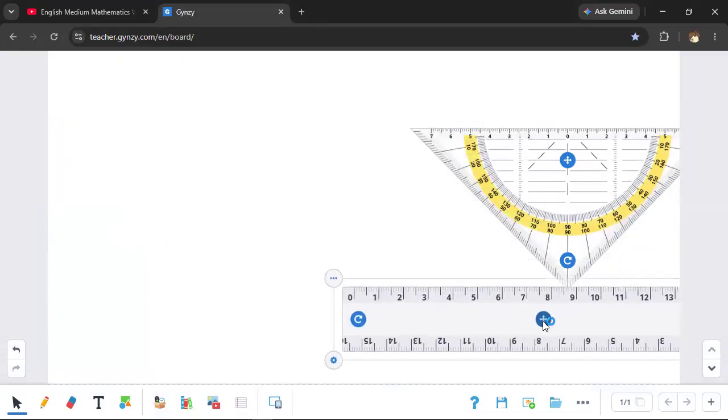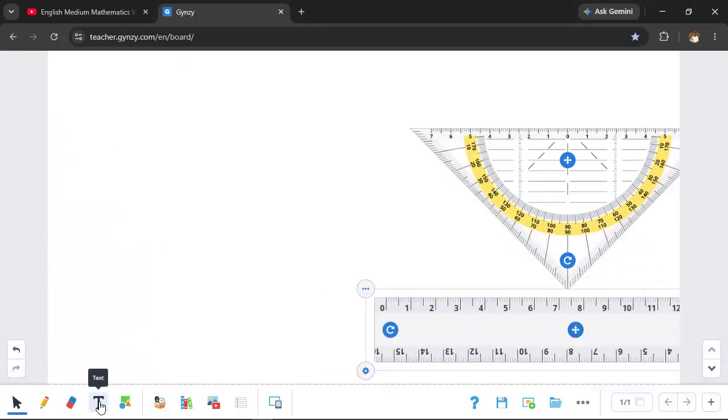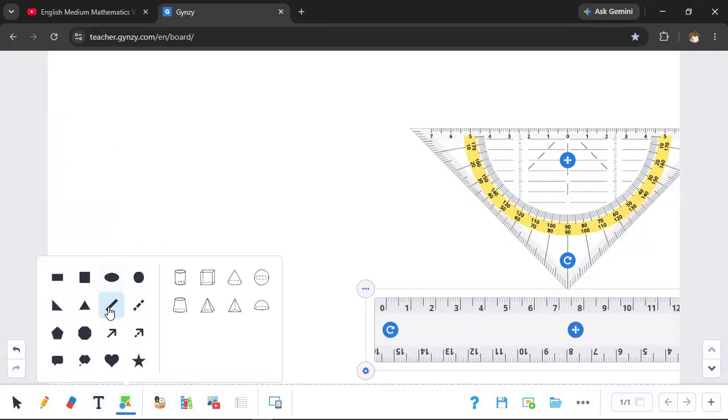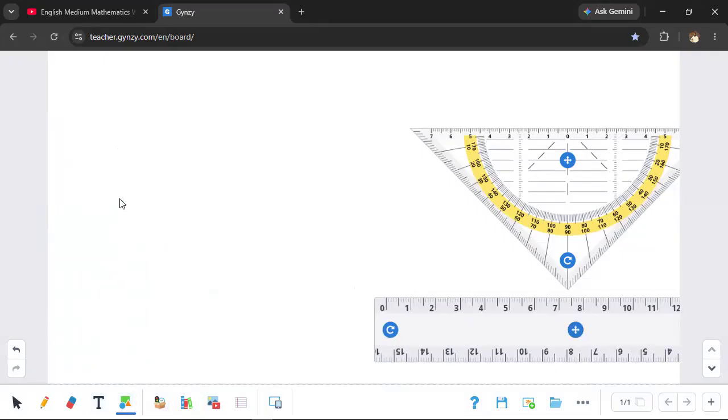Okay. Then what I am going to do is first of all draw a fixed line, as I told you earlier. I mean a slide line. This is the fixed line. Right.